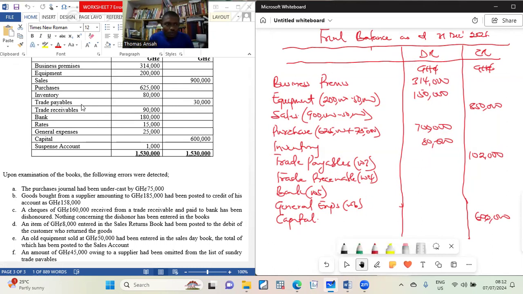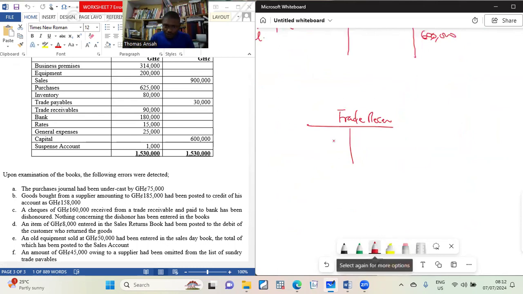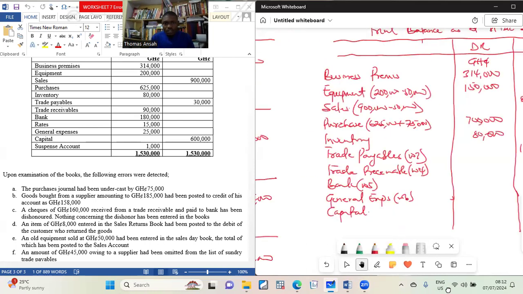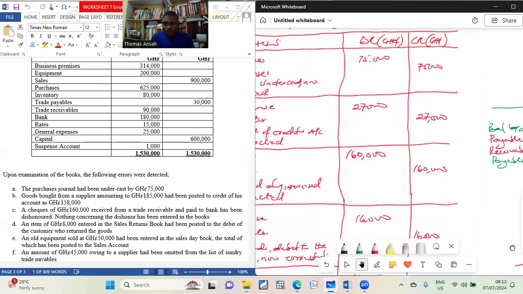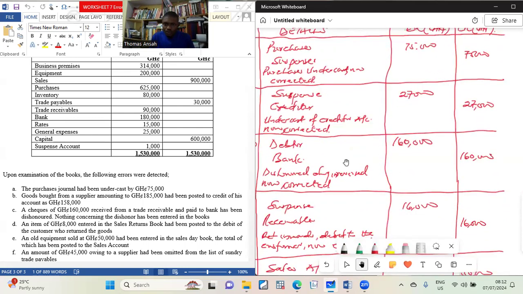So the receivables, we know the balance is 90,000 and it's a debit. So what are the things that affected the receivables? So let's go to our general journal and fish out those things that affected receivables, starting from the top. As you are doing this, you will be doing the bank too.